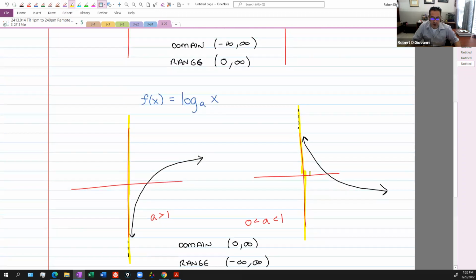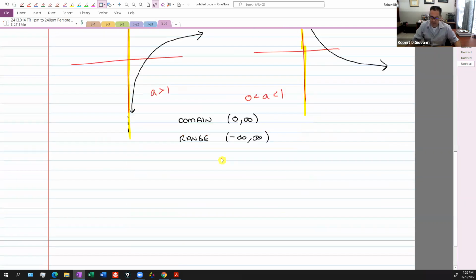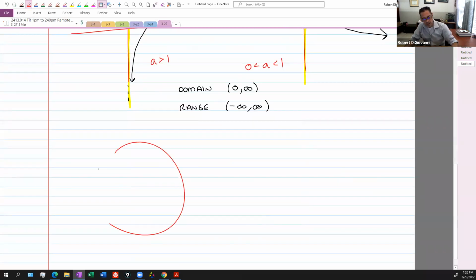And so notice these are opposite, right? The domain of an exponential function is everything, but in a logarithmic function, it's the range that's everything. Here, the range is 0 to infinity, but that's the domain of the other one, of the inverse. Which I hope makes sense, because visually what's happening is this.